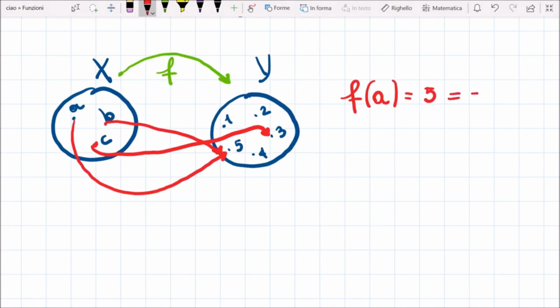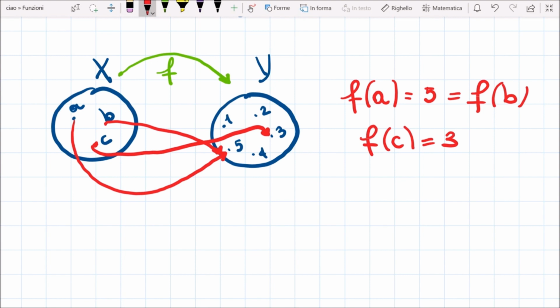Returning to the previous exercise for completeness, let's write down the elements we've taken from the codomain as images of elements from the domain using the function. So, we'll write f(A) = 5, but also f(B) = 5 because both elements A and B have the same image. Whereas f(C) = 3 because C corresponds to 3.